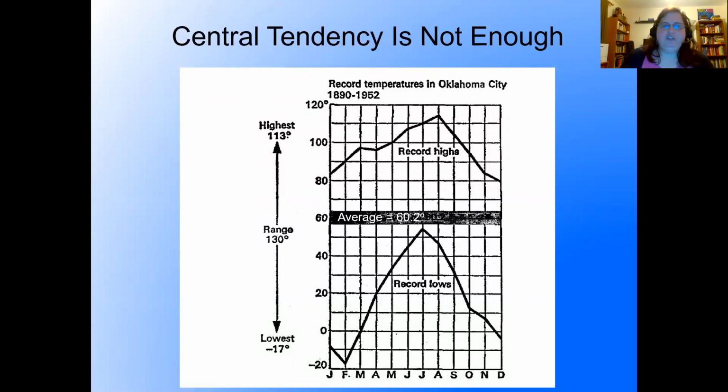But then if you actually took into account some of the highs, as well as some of the lows, then you might suddenly think that, well, it gets up to potentially beyond 110 degrees, and gets way down below 0 degrees into the negative, close to negative 20, maybe I don't really want to live in this non-temperate area. Okay, so maybe you do if that's not important to you, but the point is that just knowing the central tendency, just knowing the average, is not enough to tell you all the information that you need.